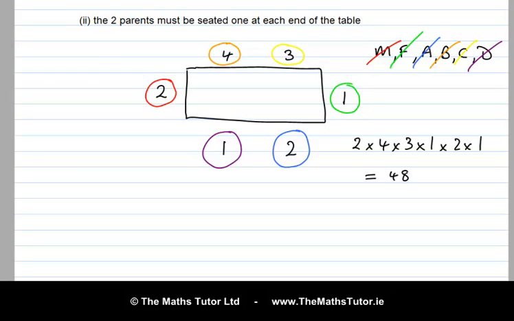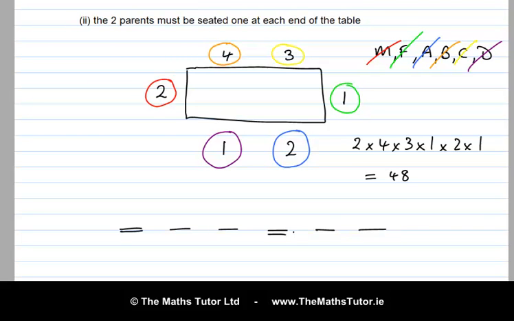We had 720 different arrangements when we had no restrictions. As we get used to these kinds of questions, we don't really have to use different colours. We can just say, well, there are 6 slots, 6 different seats, and we can indicate the two ends of the table by having a double line or something like that.